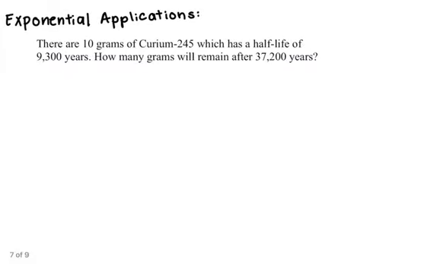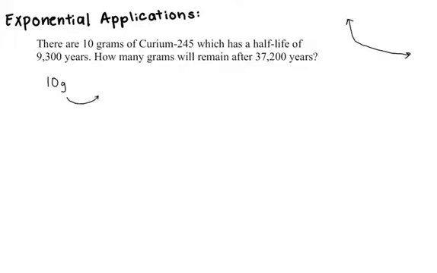And then we also have some word problems, some applications. So we have half-life. That is really exponential decay. So that's when we have a decreasing function that looks like this. Our problem says there are 10 grams of curium-245, which has a half-life of 9,300 years. That means, so I have 10 grams. My half-life is 9,300 years.